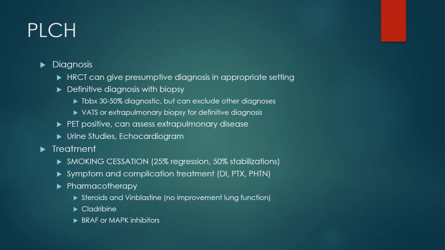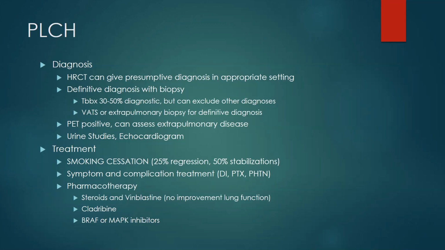corticosteroids and vinblastine as a combination is the go-to for juvenile Langerhans cell histiocytosis, and in adults it tends to be less tolerated, and also tends to not help pulmonary Langerhans cell histiocytosis as much.